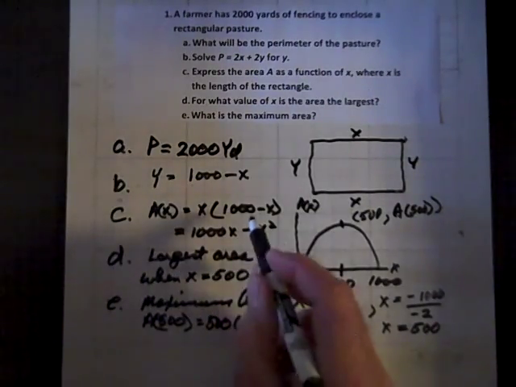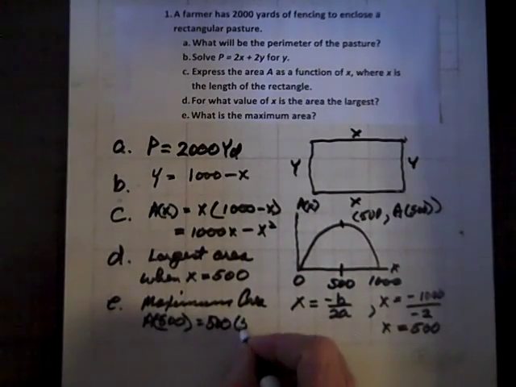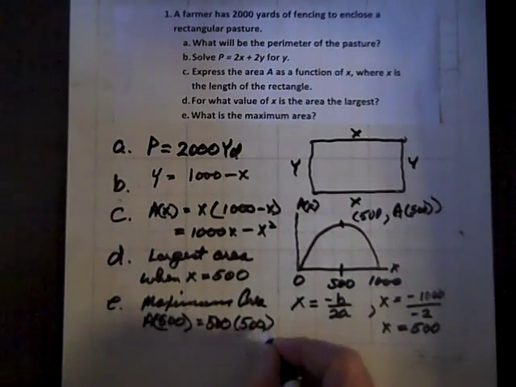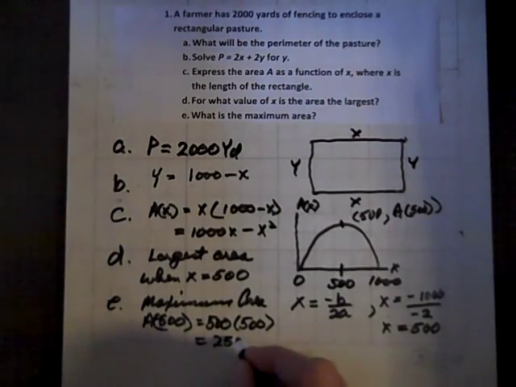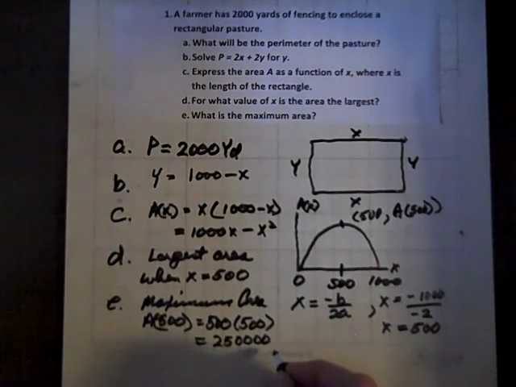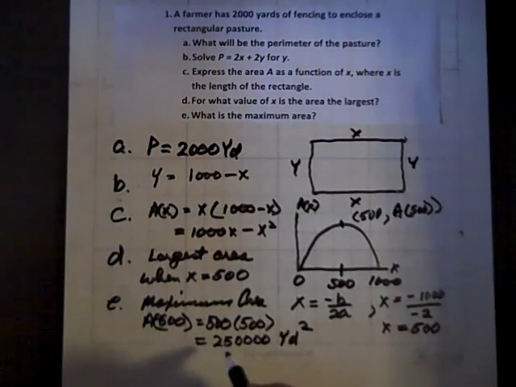And will you agree also that if we subtract 500 from 1,000, we'll get 500? So if you carry out that multiplication, 5 times 5 is 25, and we have 4 zeros to attach to that. So we're talking about 250,000 square yards. And that's our maximum area.